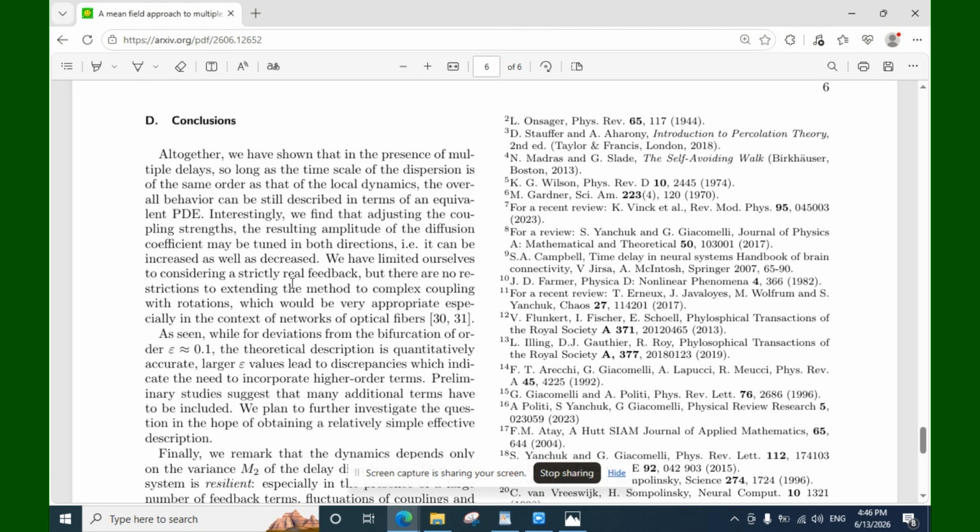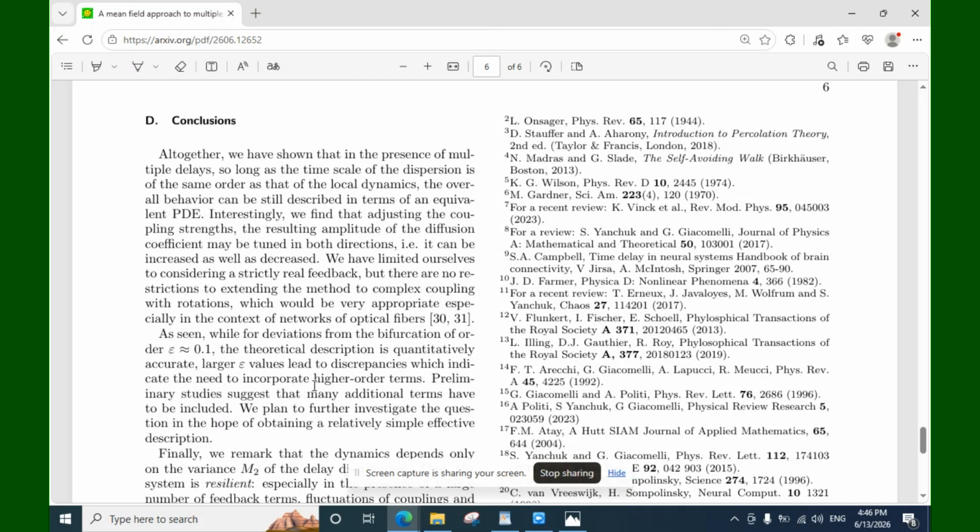We have limited ourselves to considering a strictly real feedback, but there are no restrictions to extending the method to complex coupling with rotations, which would be very appreciated, especially in the context of networks of optical fibers. As for deviations from the bifurcation order, epsilon almost equal to 0.1, the theoretical description is quantitatively accurate.